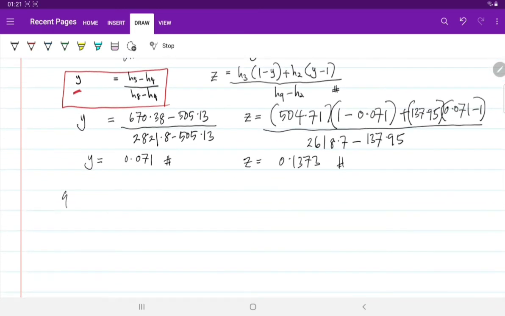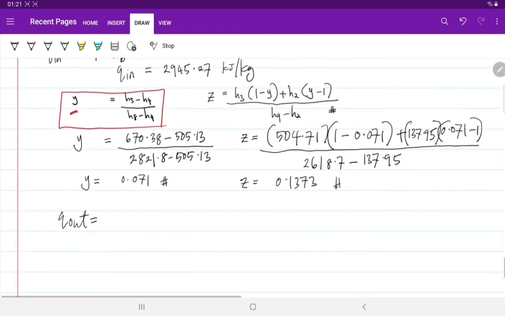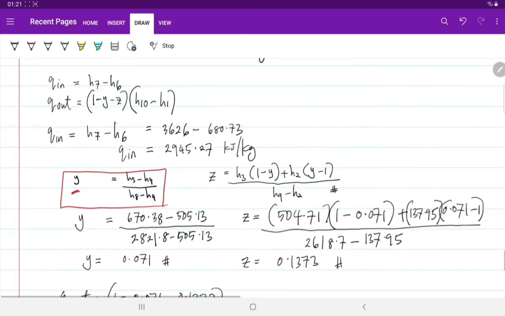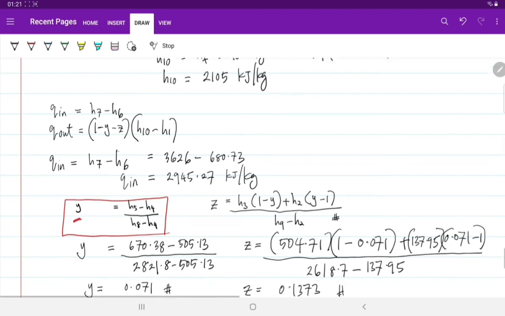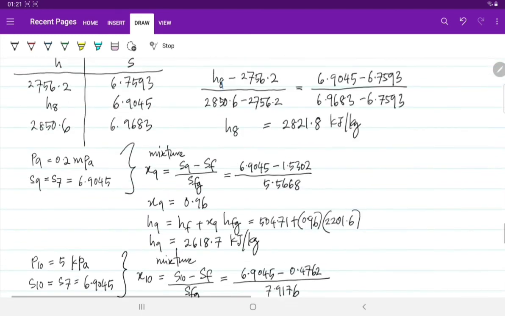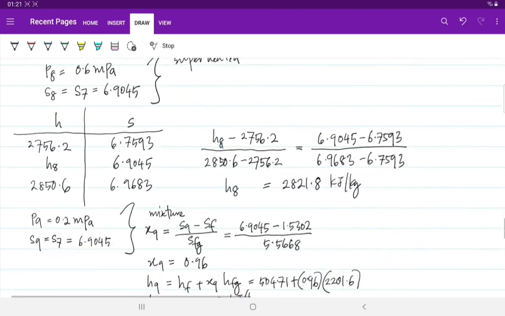Okay, and then you can find Q out equals 1 minus Y minus Z. 1 minus Y minus Z, 0.1373, multiplied by H10 minus H1. H10 is 2105 minus H1, the earliest part, 137.75.